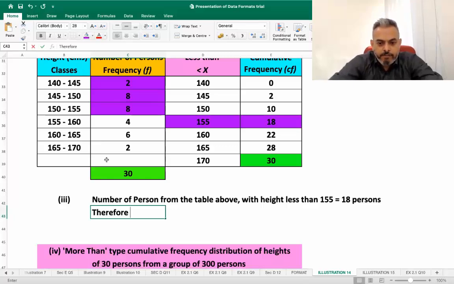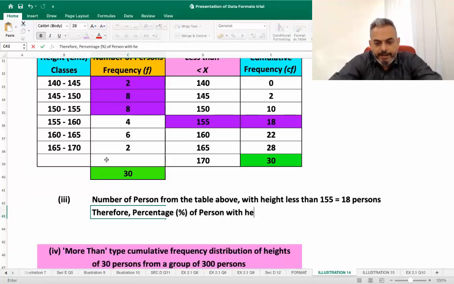Therefore, percentage of persons with height less than 155 is equal to, now 18 out of how many? Out of 30.